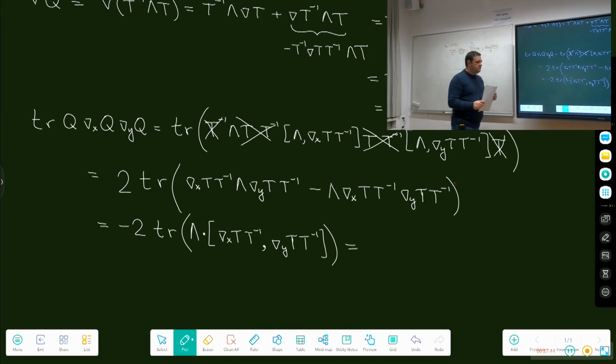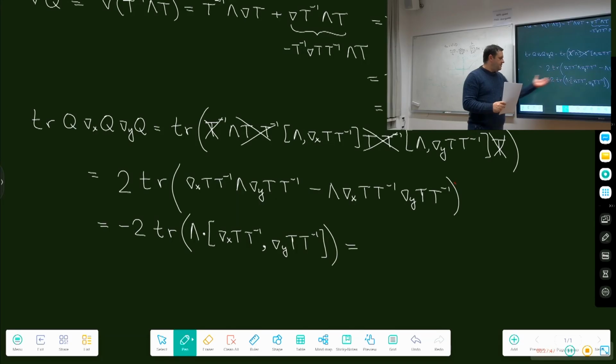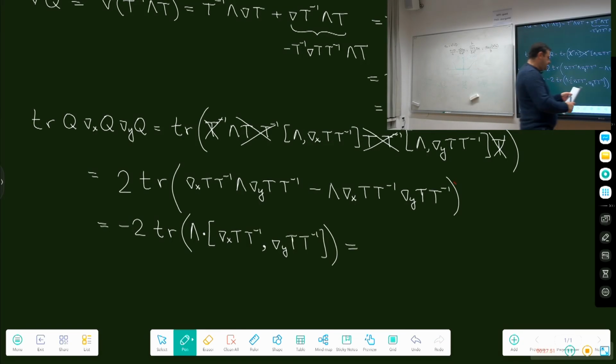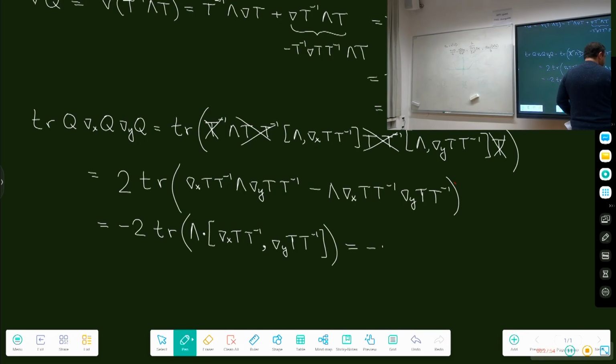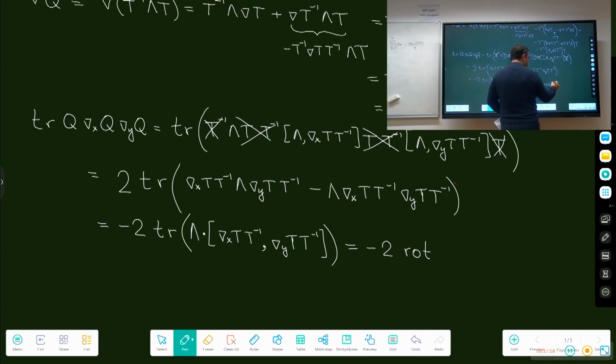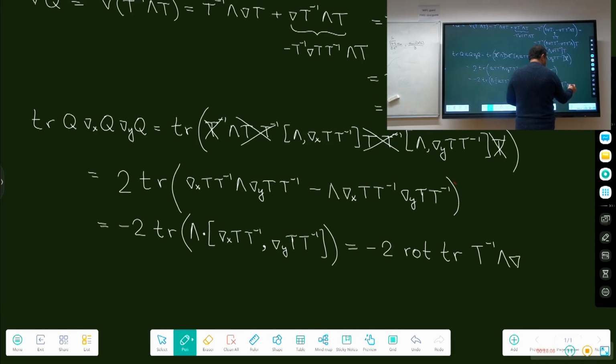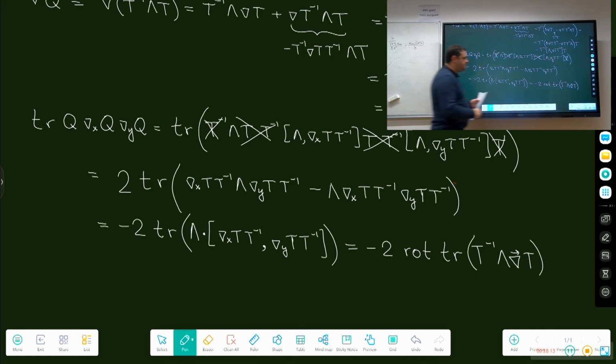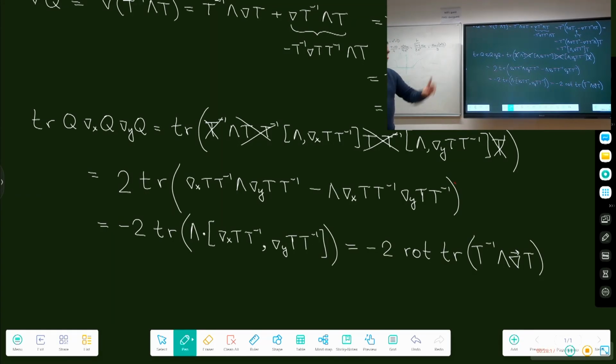And the very last way of rewriting this thing is the following. It's minus 2 rotor trace T inverse lambda gradient of T. So, some explanation.